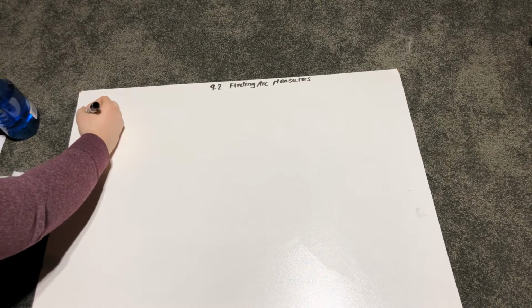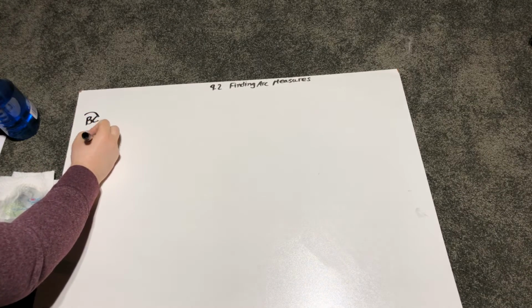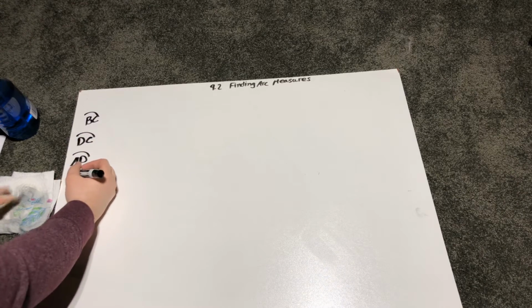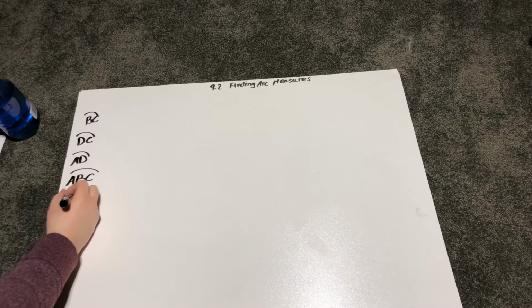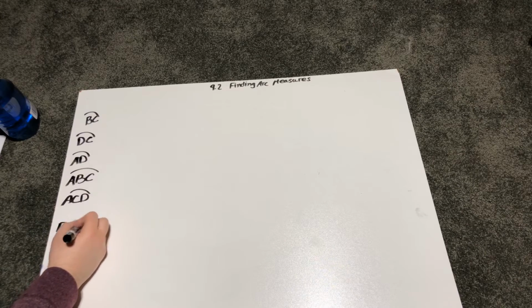So, let's see. We have BC, DC, AD, ABC, ACD, and EAC.